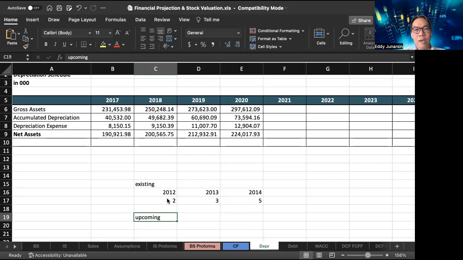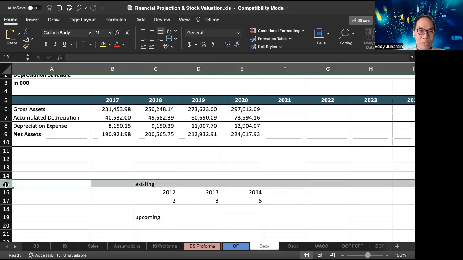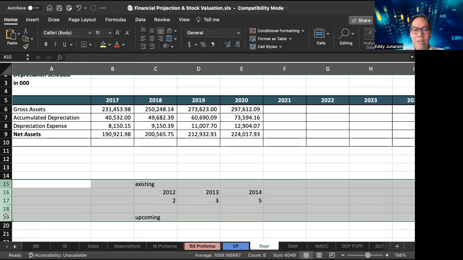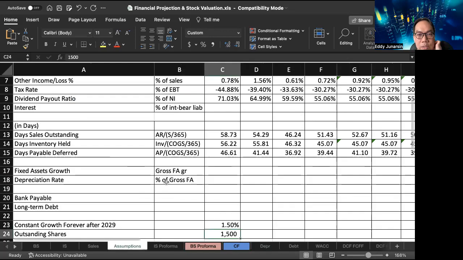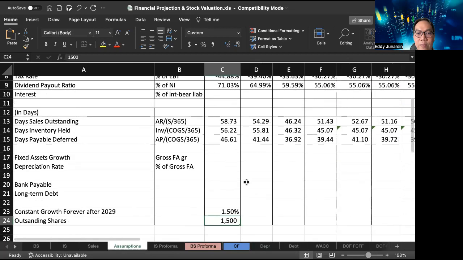But in this example, I think our main focus is to learn the basics of projection rather than the accuracy or the real-life process of fixed assets projection. We'll just use the historical growth rate. So I'll put it here, fixed asset growth rate.